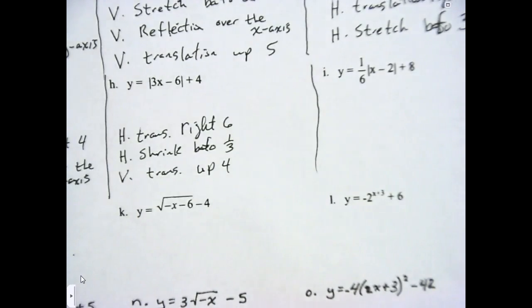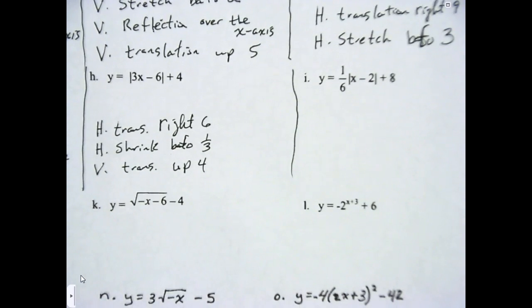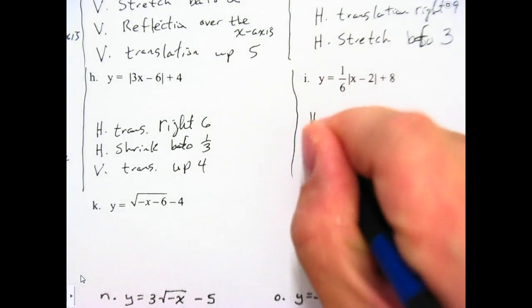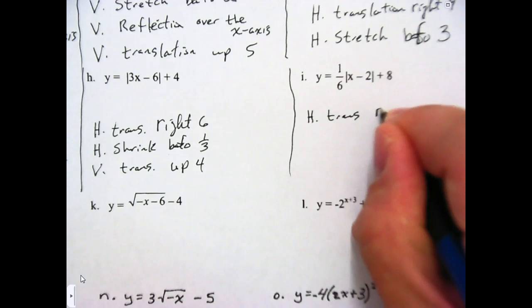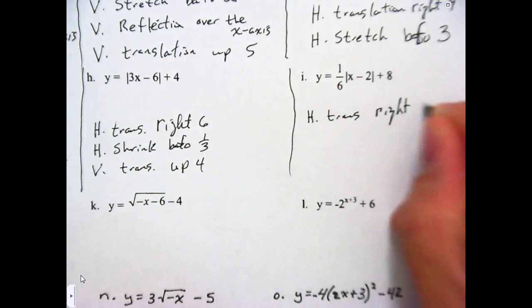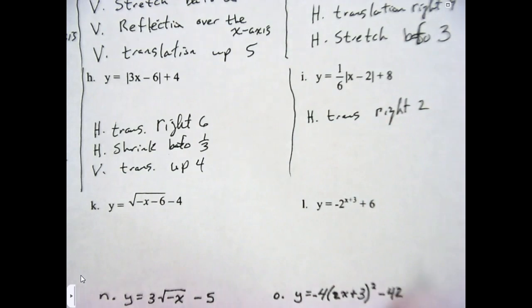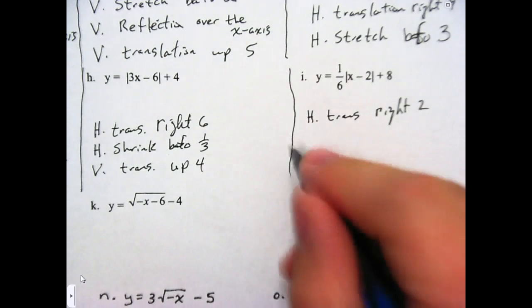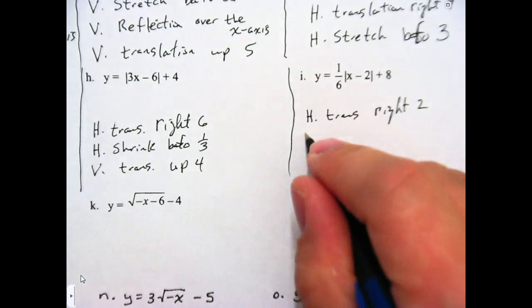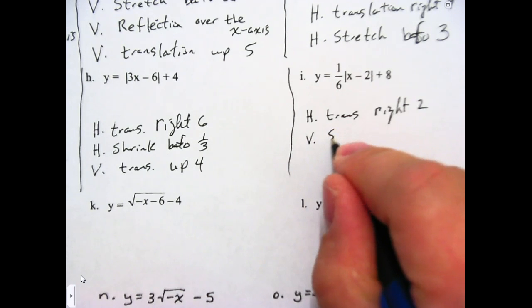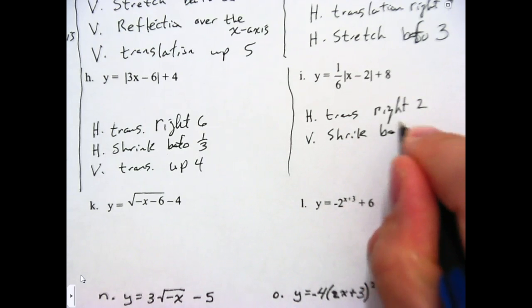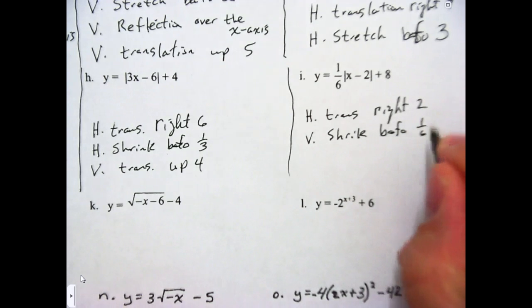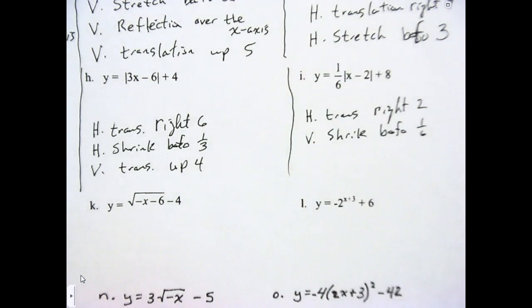This next one, letter I. Tell your neighbor what you get. Okay, the first thing is horizontal translation. To the right. Right 2. Dude, you opened the door. Nice. All right. The next one is a vertical stretch, shrink. Factor of 1/6. Remember on the outside, it's exactly what it looks like.